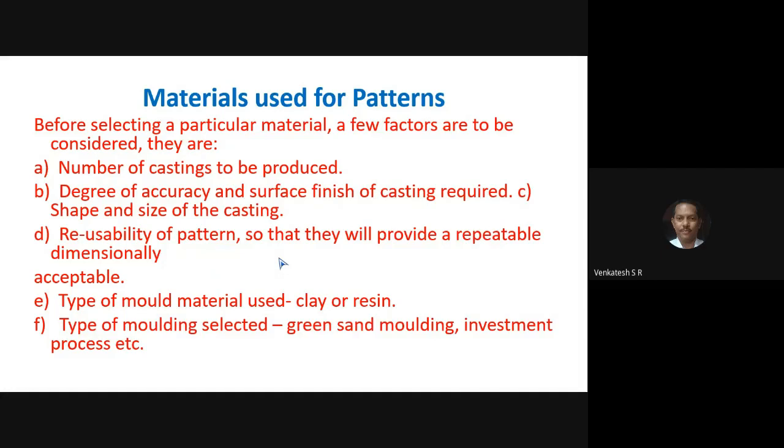Next, the type of mold material used. This is very, very important. That is clay or resin. All of you have heard of Foseco, the company which supplies resin to foundries for making molds.